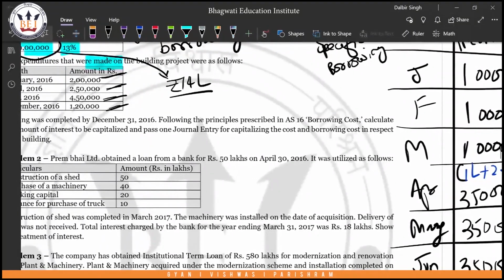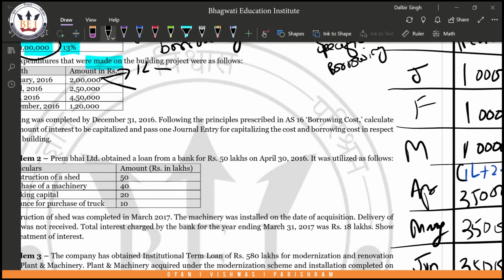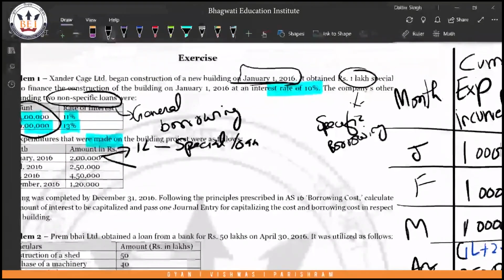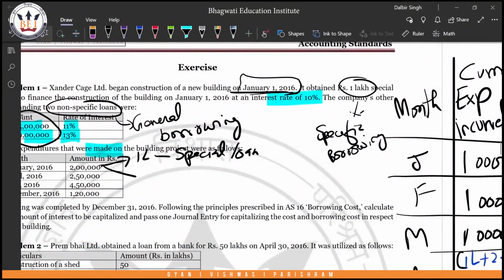Now this 2 lakhs, how have I utilized this 2 lakhs? Out of this, 1 lakh is nothing but from the special loan taken, which is here, and the remaining 1 lakh is from the general borrowings.